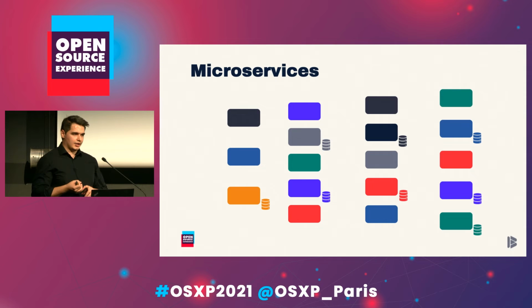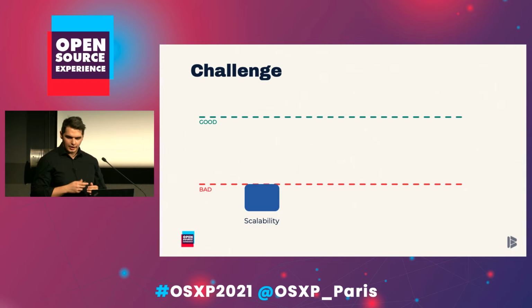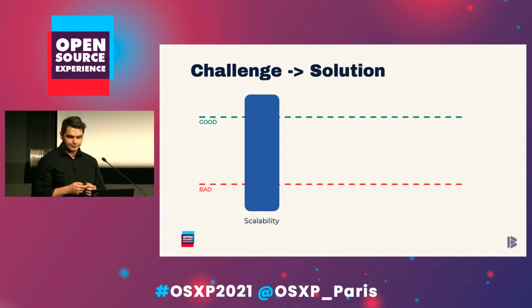We can have NoSQL databases, graph databases, key-value stores, any kind of database which matches our use case. So with microservices, we've actually solved the scalability problem we had with monoliths and service-oriented architectures.